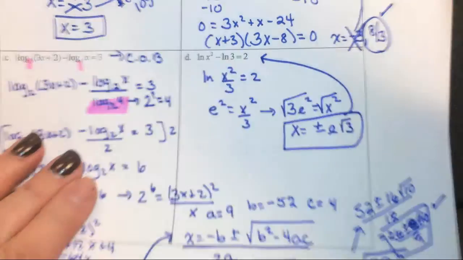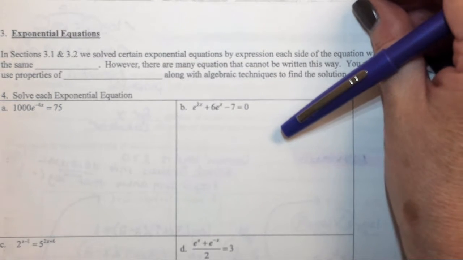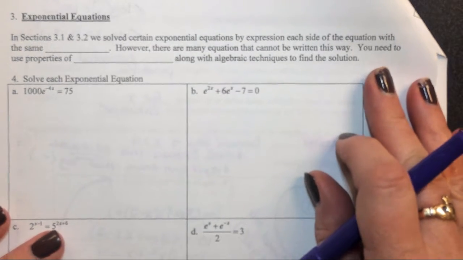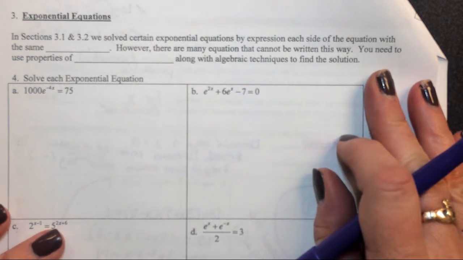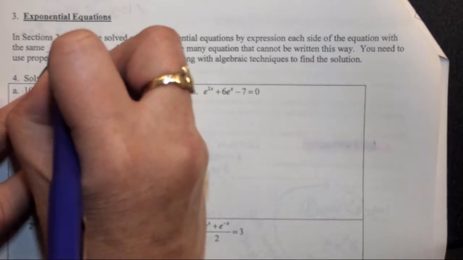Okay, so let's now take a look at some exponential equations. Exponential equations, remember, have the variable in the exponent. So one way to solve exponential equations is to try and rewrite both sides of the equation with the same base.